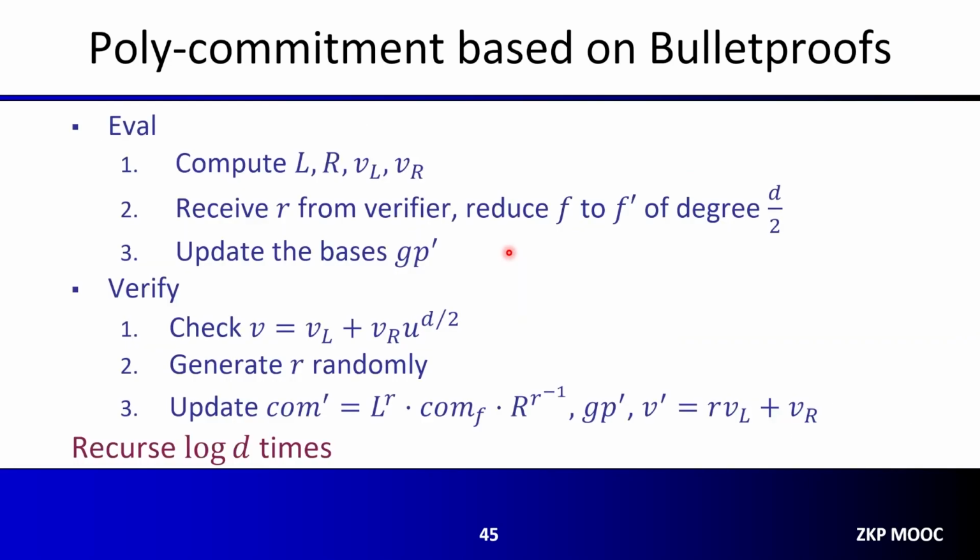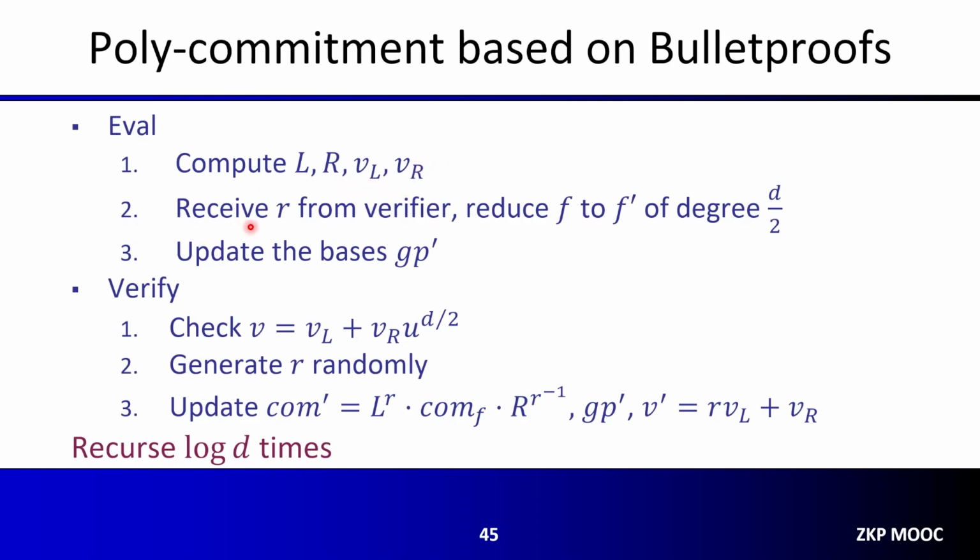So with this protocol of the reduction, we can actually generalize it to a polynomial of any degree d. With the commitment of that polynomial, the job on the prover side is to compute L, R, VL, and VR in each round.